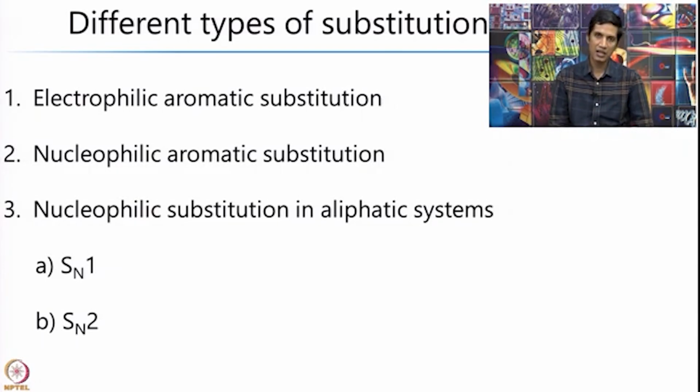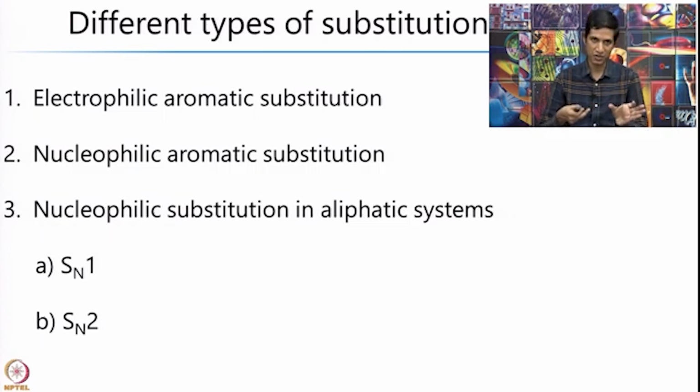Okay. So, before we begin talking about substitution reactions, or more specifically electrophilic aromatic substitutions, I hope you are all aware of what are called electrophiles and nucleophiles. Electrophiles are species which love electrons, that is they are deficient in electrons, or in other words they are typically positively charged systems, and that is where the word electrophile comes from.